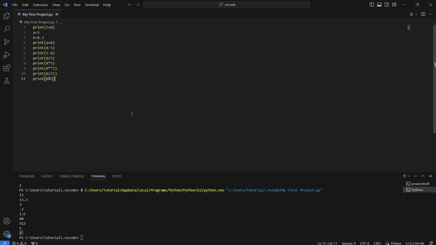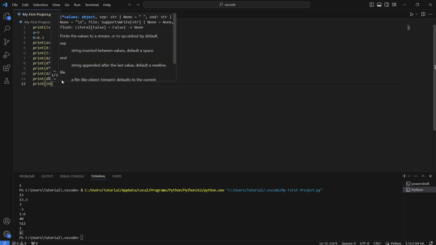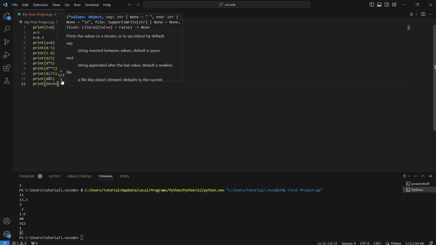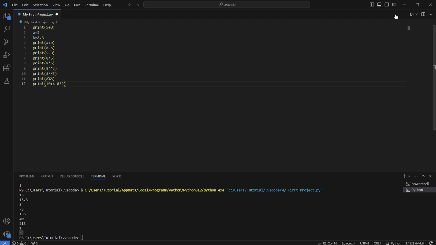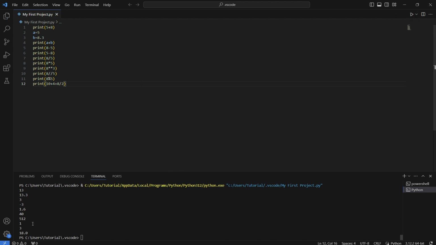So, if we write print in parentheses 10 plus 4 plus 8 over 2 and run the code, the output will be 18 because the division of 8 over 2 occurs first. Then the addition occurs because division comes before addition in PEMDAS.